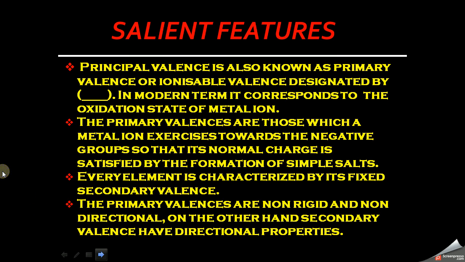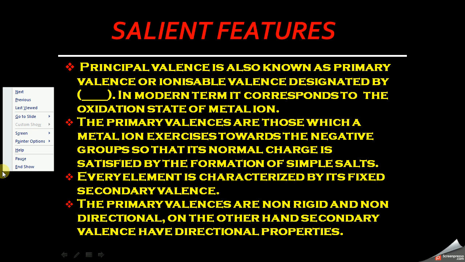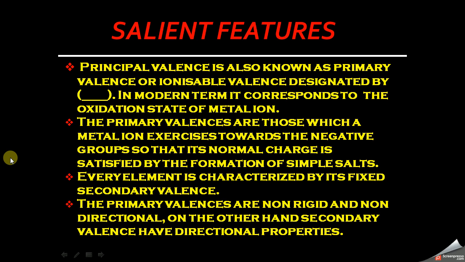Then what are the salient features of Werner's theory that we have to discuss? First, principal valence is also known as primary valence or ionizable valence, denoted by a dash. In modern terms, it corresponds to the oxidation state of the metal ion. The primary valences are those which a metal ion exerts towards negative groups so that its normal charge is satisfied by the formation of a simple salt.